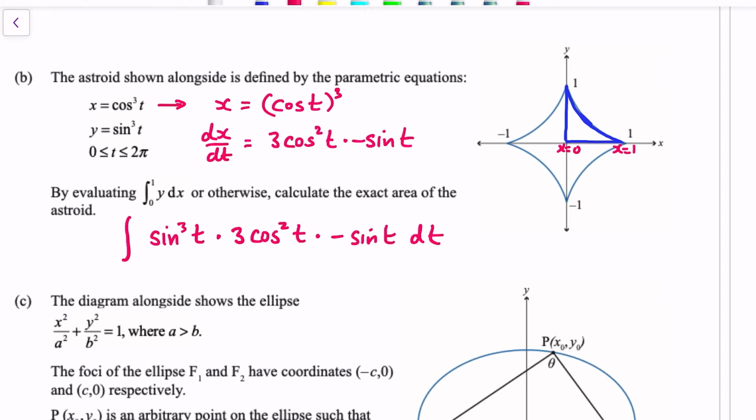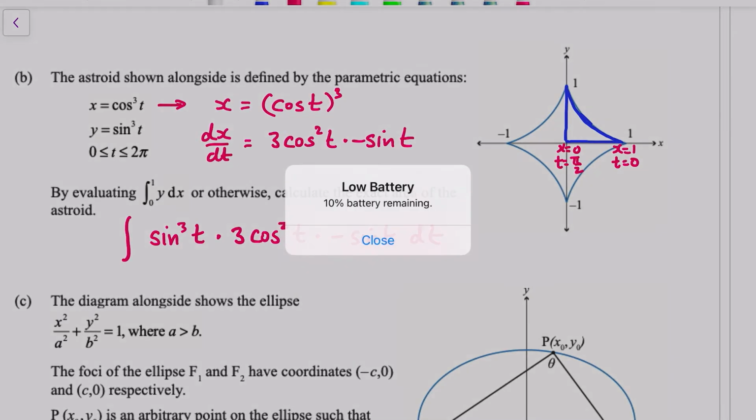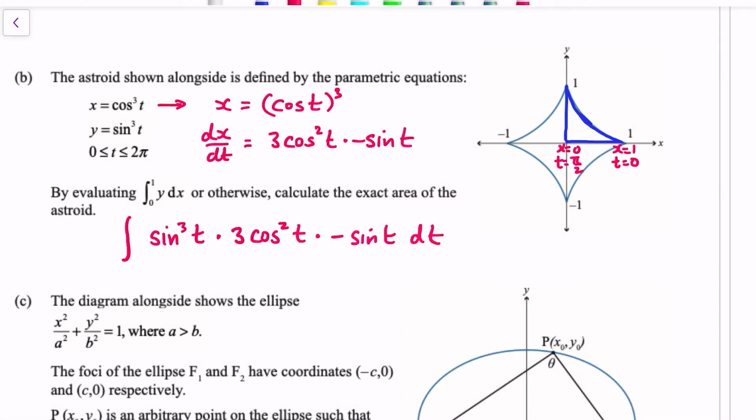But x equals 1 actually corresponds to t equals 0, it's an angle, and x equals 0 corresponds to t equals pi over 2. And you can find that out by just making x equals 1. If you make x equals 1 in the equation, you can see that t is equal to 0. And when you make x equal to 0, t is equal to pi over 2.